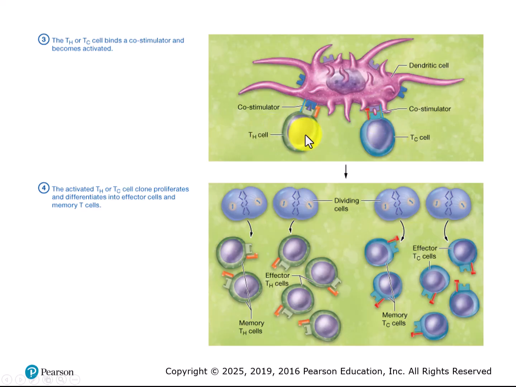Same with the T helper cells, they have to see the MHC2 and the co-stimulator to be activated and pushed into creating clones of themselves, actively dividing. Of those actively dividing cells, the majority will become what we call effector cells, but a few will be pulled and put into memory. That's why we get a stronger response the next time we see that antigen: we have memory cells that are already primed to recognize it.